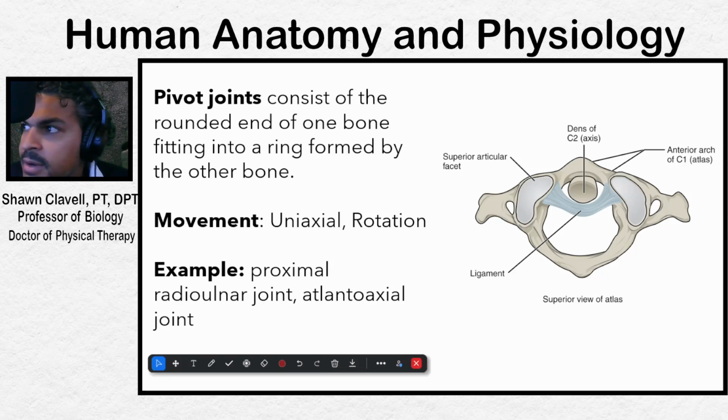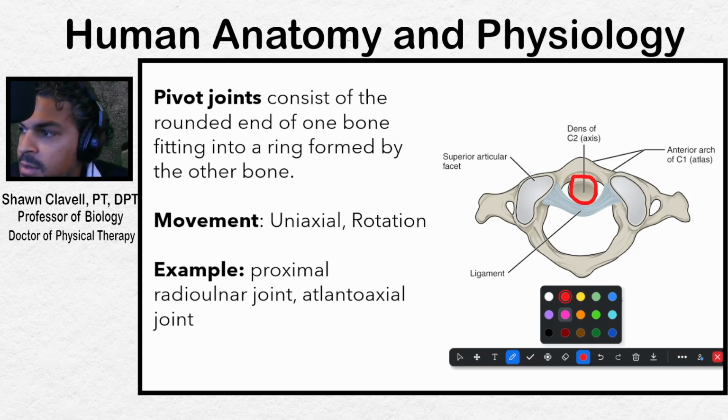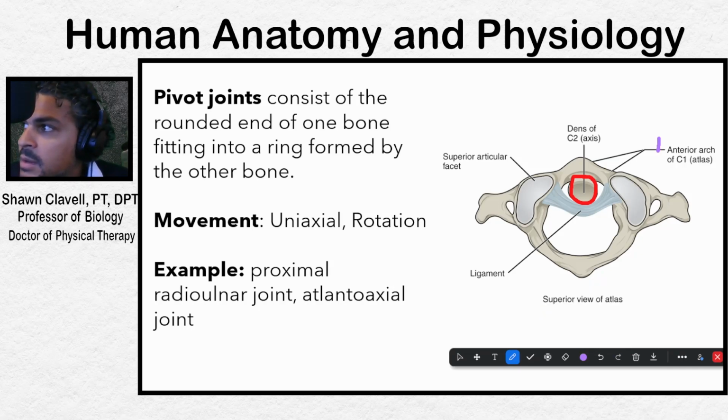Let me get my hand right here so we can see. Here's the dens, and it articulates with the anterior arch of the atlas, or the C1 vertebra. You can see that here.